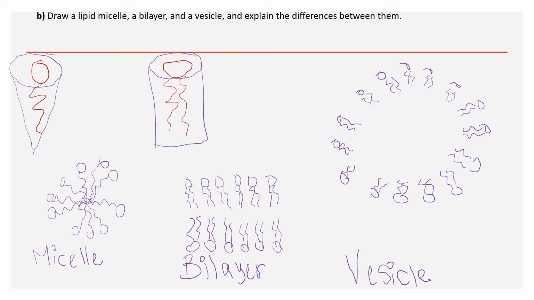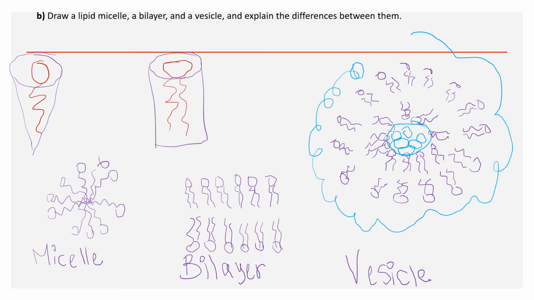And then over here, you have polar head groups also, and their little tails pointing this way. But because it folded in on itself, you end up getting an aqueous cavity of water right here. So there's water on the outside, and then there's water on the inside. And this is a vesicle.